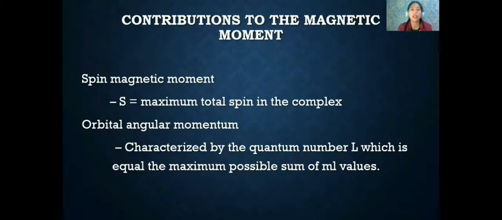So these following values contribute to the magnetic moment. We have here the spin magnetic moment, and then the orbital angular momentum. So they can contribute to the magnetic moments.